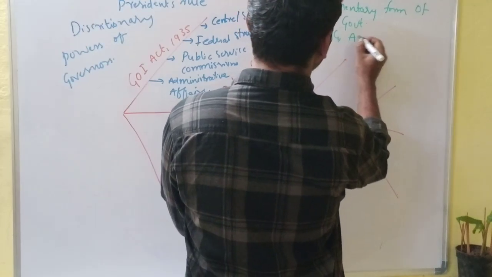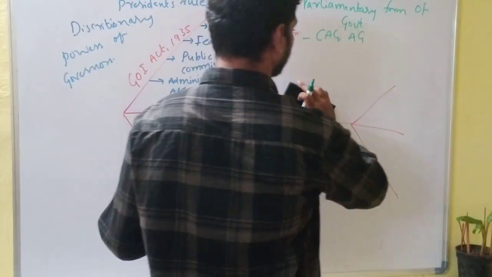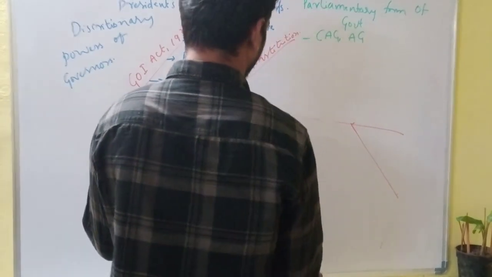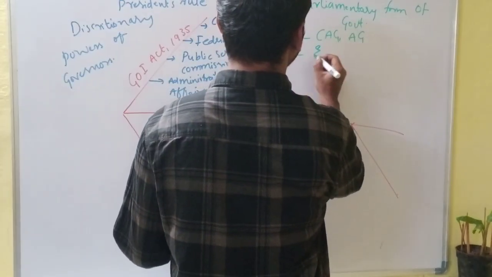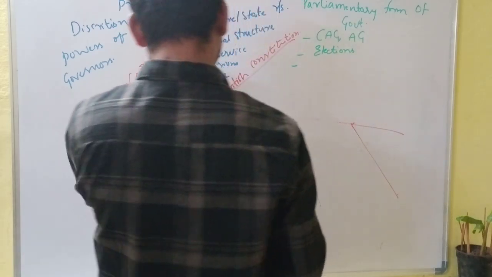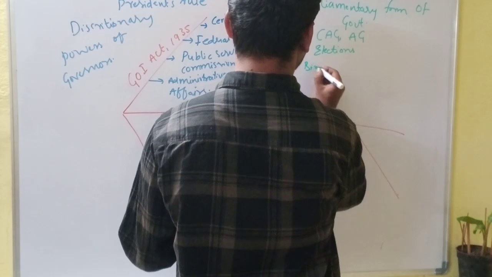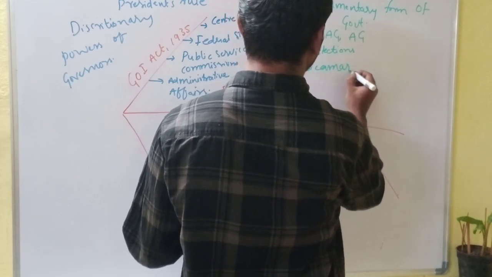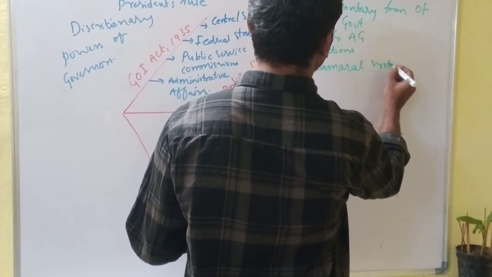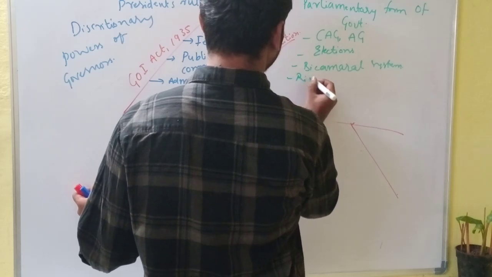Next, AG. These are taken from British Parliament, British Constitution. And elections and bicameral system. Bicameral system means Lok Sabha and Rajya Sabha, and rights of assembly members.